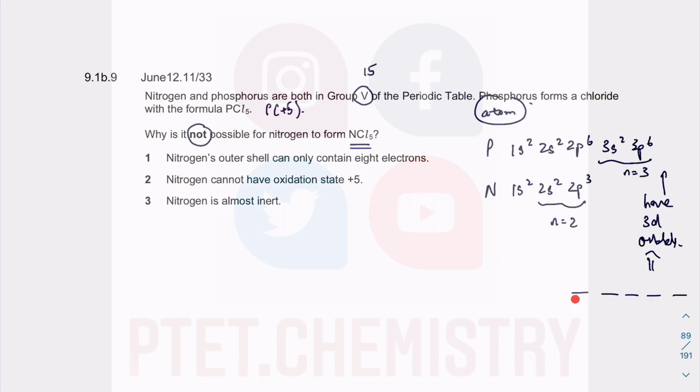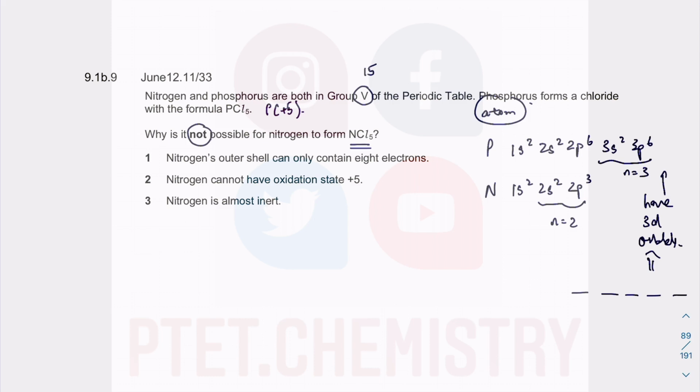You can accommodate an extra 10 electrons, whereas you can't do that with the second shell element because the 3d are so high up in energy compared to n equal to 2, and you don't get 2d at all. You only get up to 2p. So 2 electrons plus 6 maximum in the p, there is 8 electrons maximum.